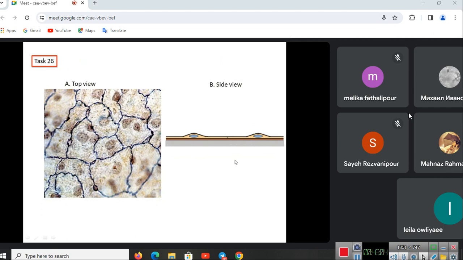And in picture B, you should draw the side view as a result of cross-section of this epithelium. If we make the cross-section like this, this is what we will see: simple squamous epithelium lying upon basement membrane and loose fibrous connective tissue below it.